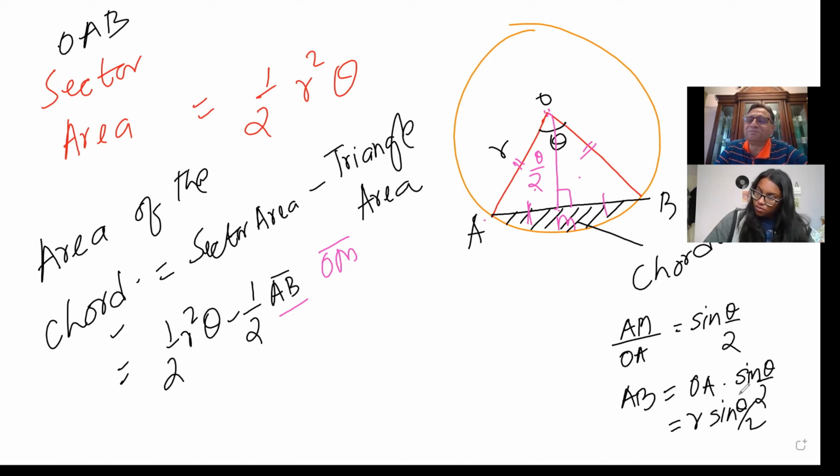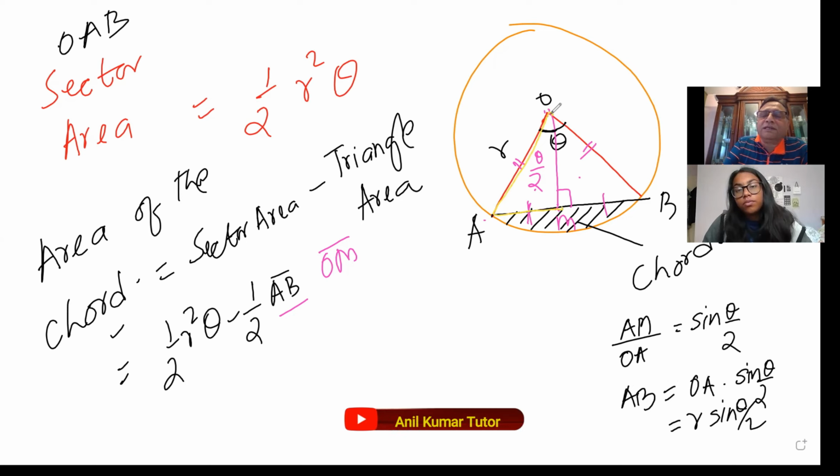Is that clear? Could you explain it one more time, just so I clarify? If you look at this triangle, we are now looking at one of these triangles, any one you could select. Let's say this one. In this triangle, the ratio of the opposite side to the hypotenuse is the sine of the angle.